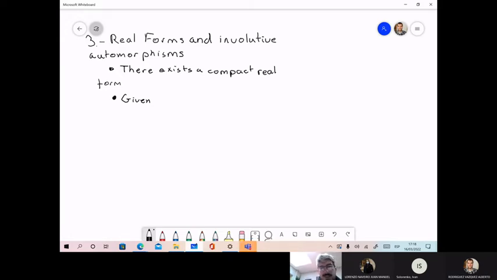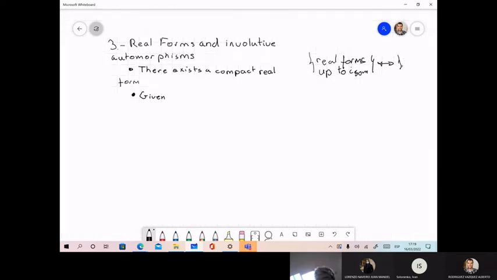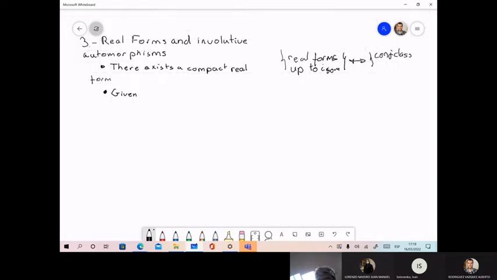So our aim was to construct a bijection between the set of real forms up to conjugation, up to isomorphism, and conjugacy classes of involutions.